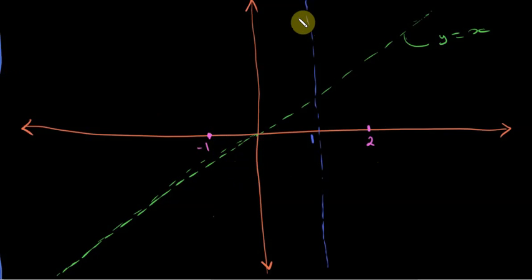Already this tells me the graph is in this region. Our graph will approach the asymptotes but never touch the asymptotes as it approaches infinity.